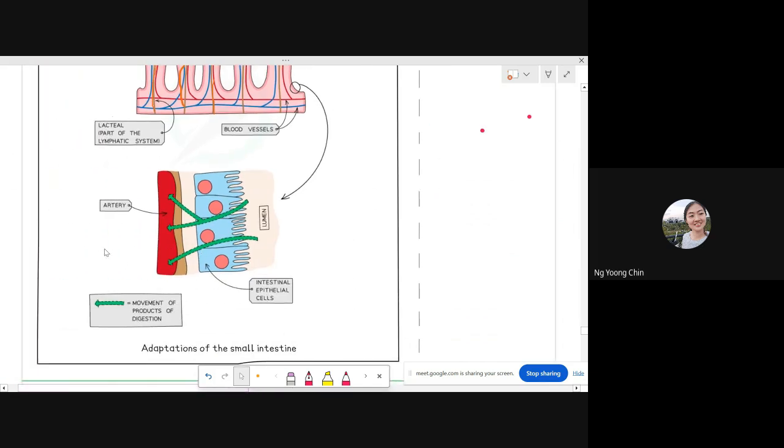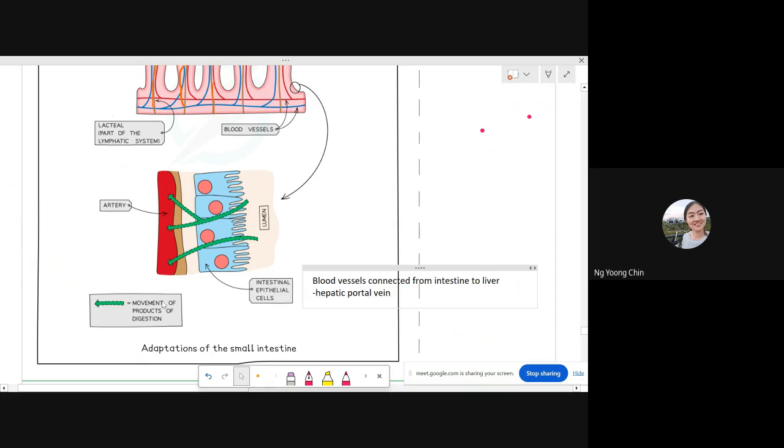Okay, so there is a blood vessel connected between the small intestine and the liver, a small blood vessel connected from the intestine to the liver. This blood vessel we call the hepatic portal vein.